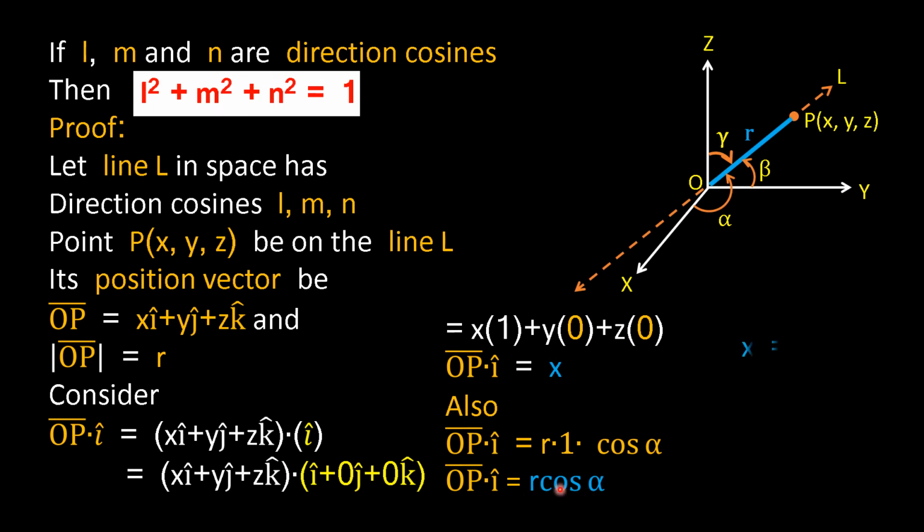So x equals R cos alpha. On the same lines, we can prove that y equals R cos beta and z equals R cos gamma.